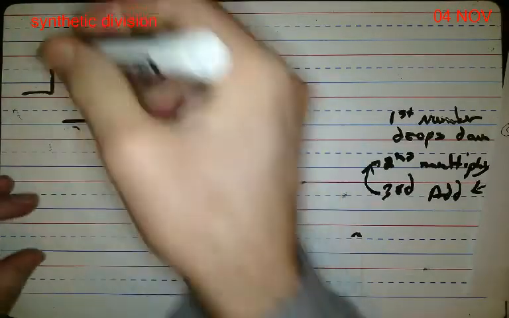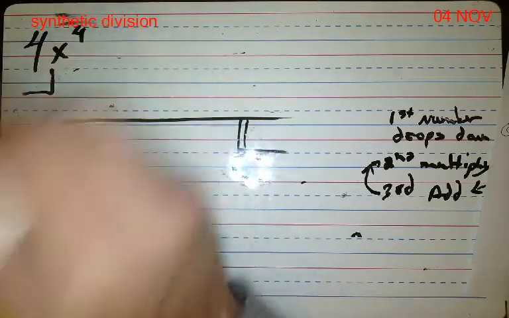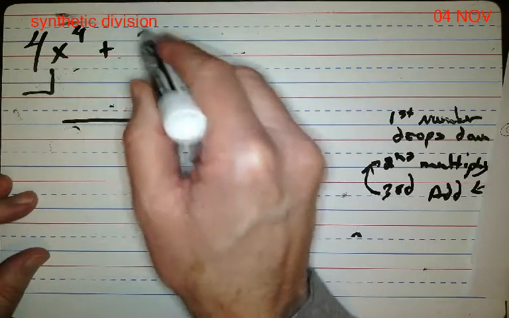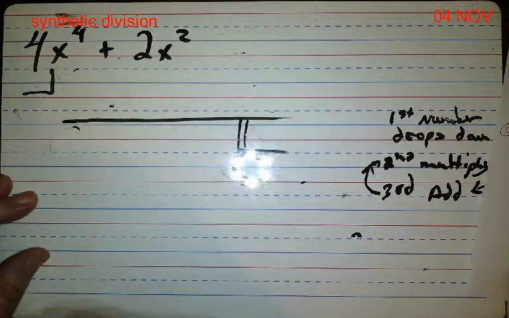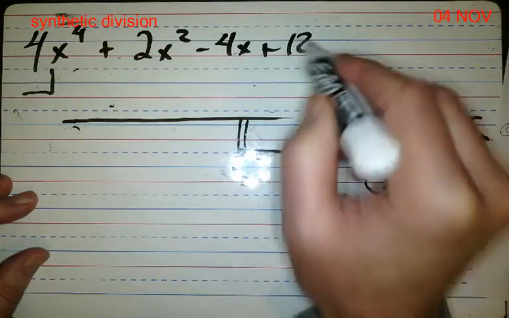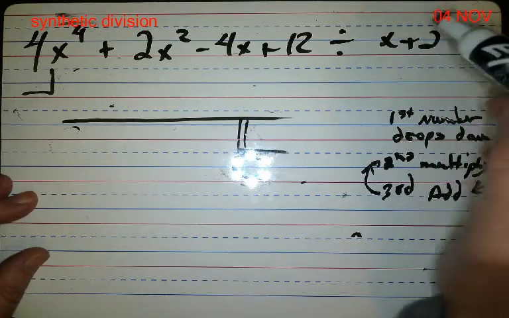What about this one? 4x to the 4th plus 2x squared minus 4x plus 12. And I'm going to divide by x plus 2.